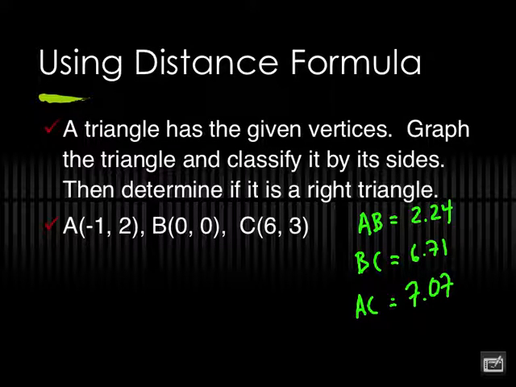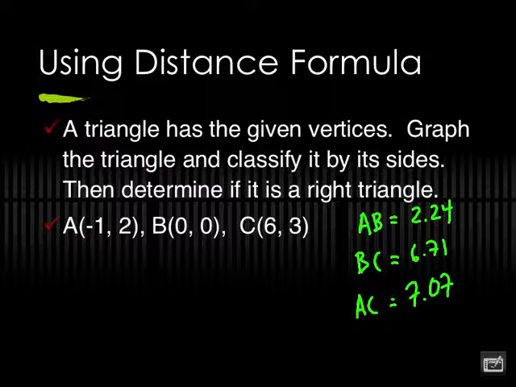7.07. Alright. What kind of triangle is it, Ella? Is it a right triangle? How do you know? It doesn't have a 90 degree angle. How can we check to see if this is a right triangle? You could graph it, but that might not tell you.